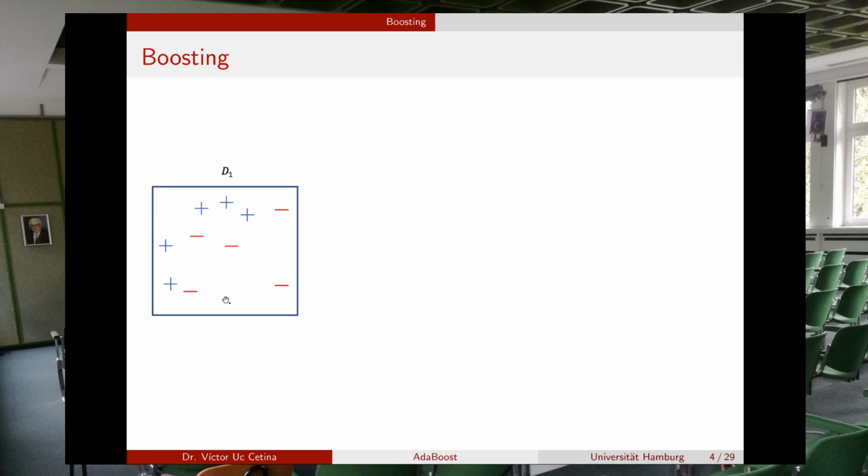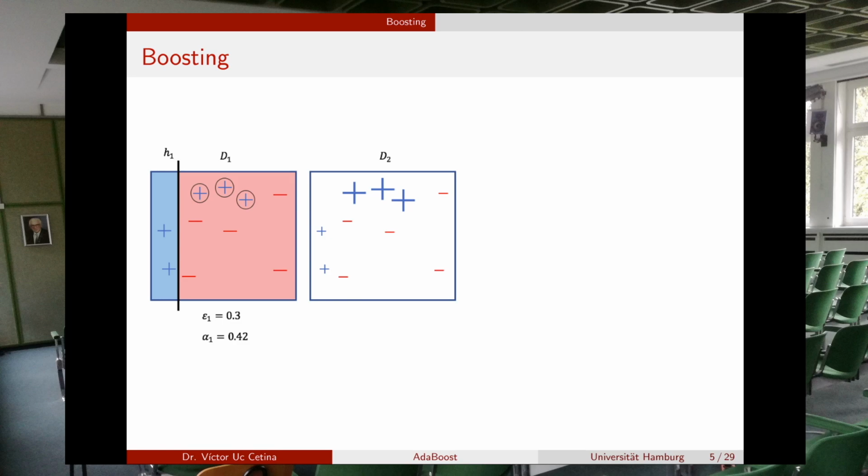Okay, and we start with some initial distribution, which is this D1 in our first iteration, so iteration 1. And this distribution is going to tell us the importance of each of the 10 points that we have for training. So initially we don't have any information, so all of these 10 examples will have the same importance, the same weight.